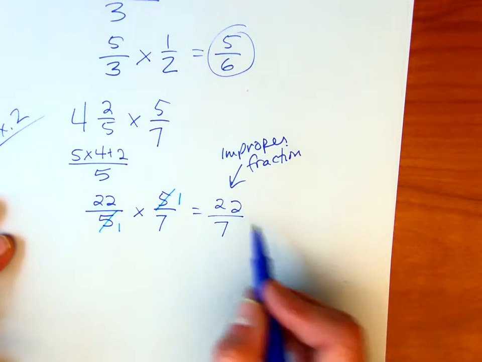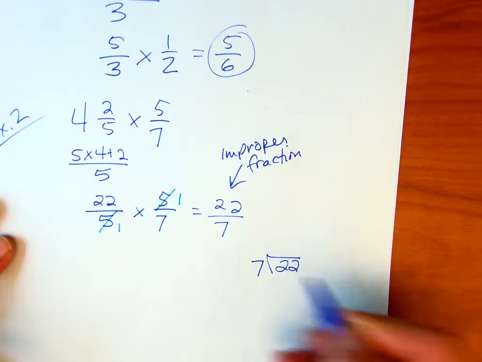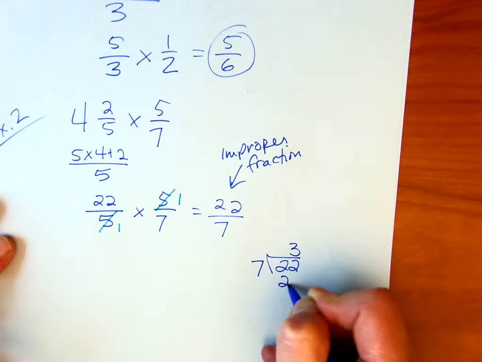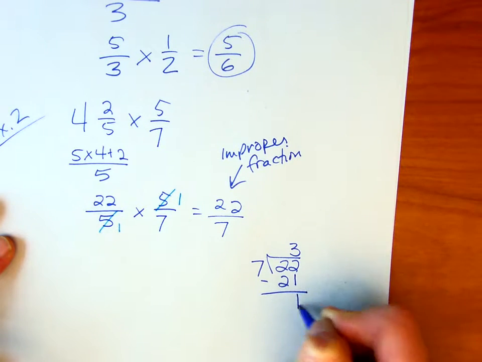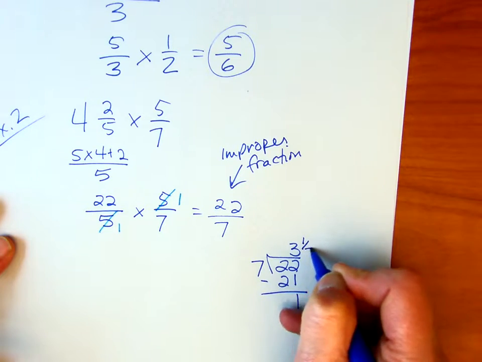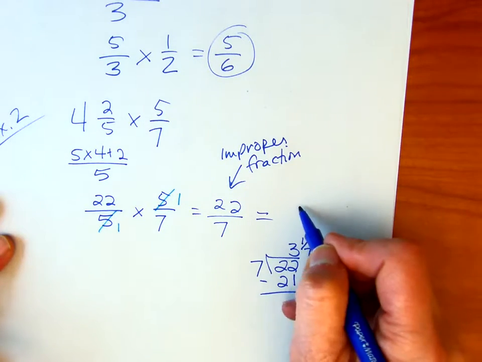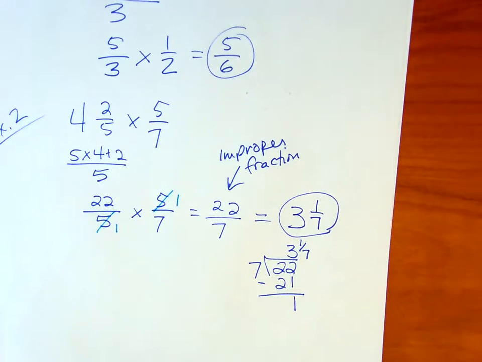And remember, when we're doing that, we're going to say 22 divided by 7. Well, 7 goes into 22 3 whole times. 7 times 3 is 21, and we have 1 left over, so 1/7 is remaining. So this 22/7 is equivalent to 3 1/7, and then that would be considered our final answer.